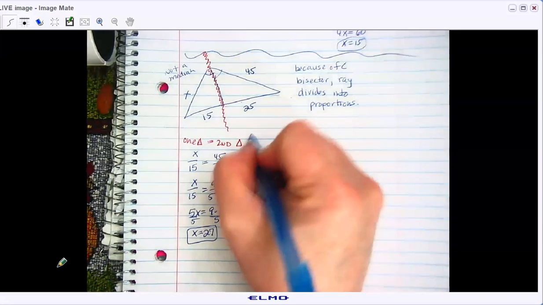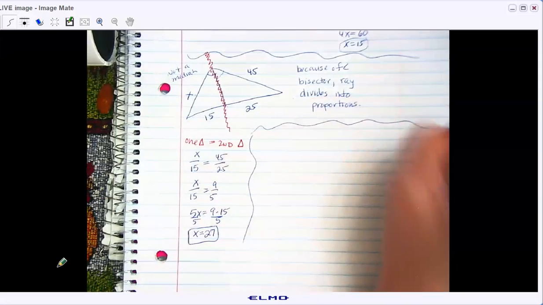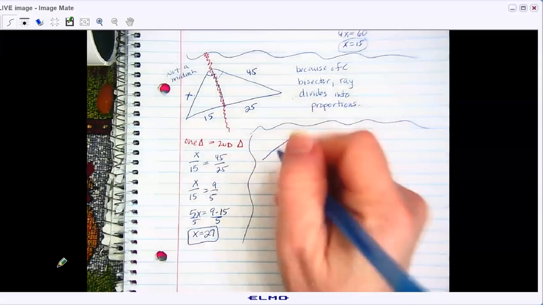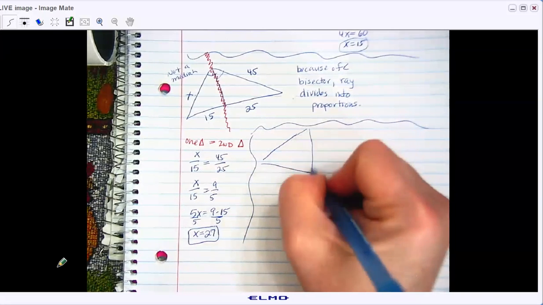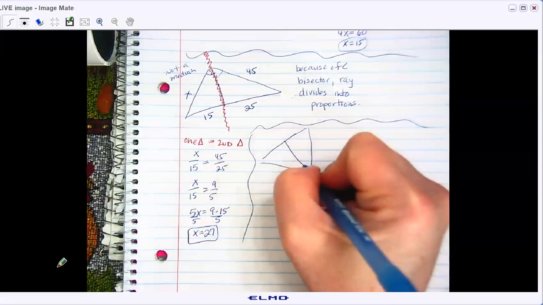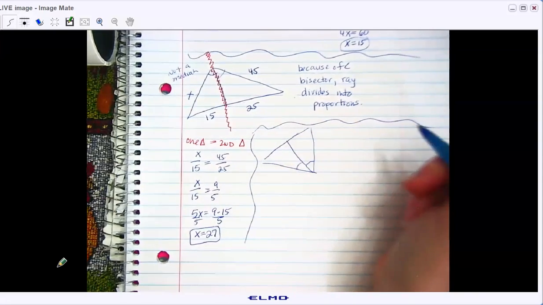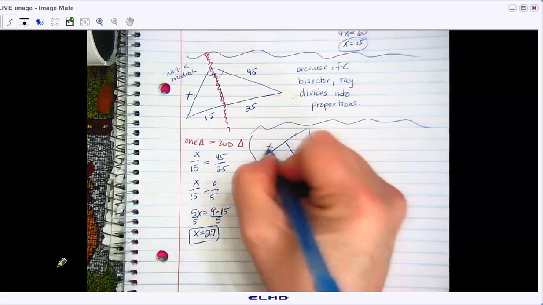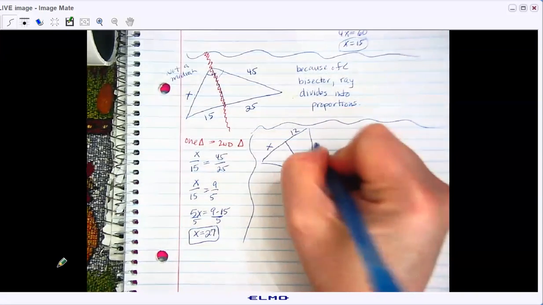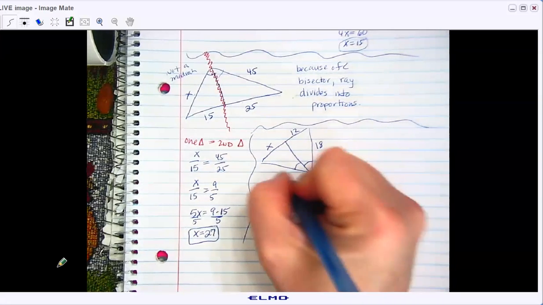So let's do another one. They have to tell you that that's an angle bisector. So we'll have x, 12, 18, 24.